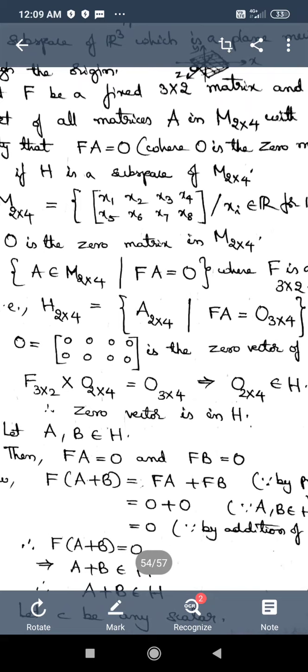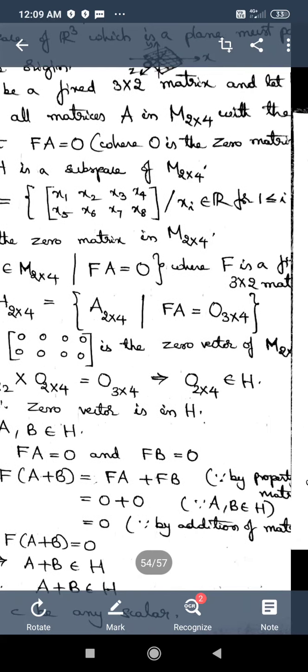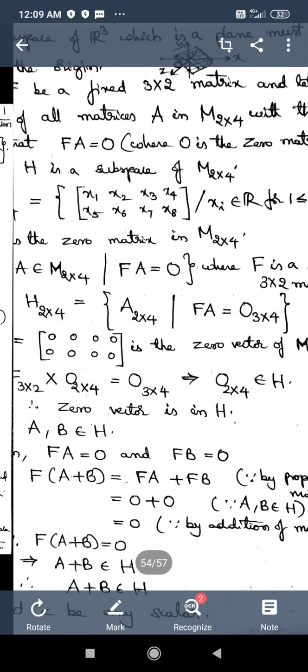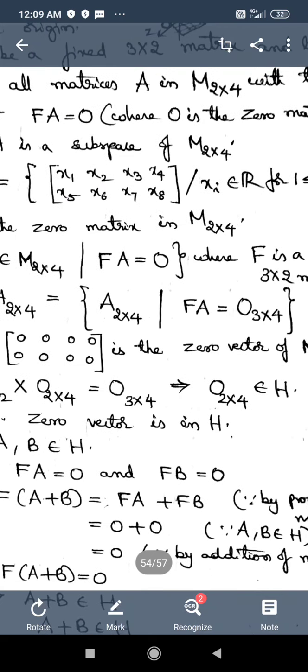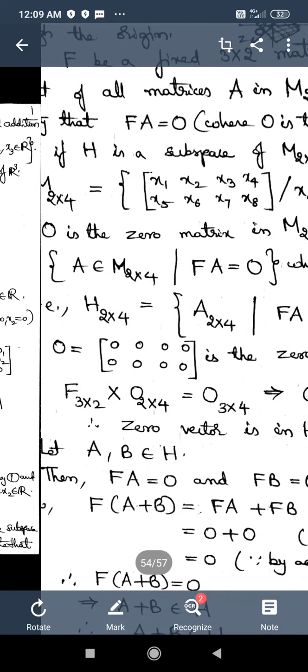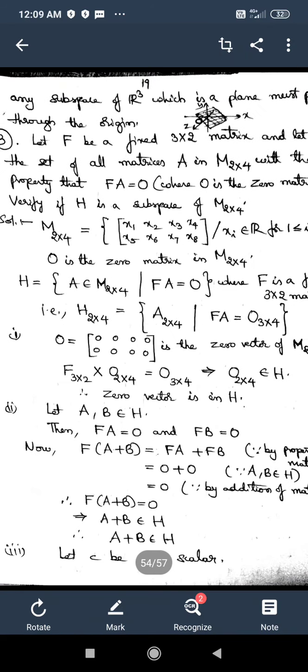So in place of A, I can take the O2 by 4 matrix. O2 by 4 is a 0 matrix of order 2 by 4 and it belongs to the set H. Therefore the 0 vector is in the set H. The first condition of subspace is satisfied in H.